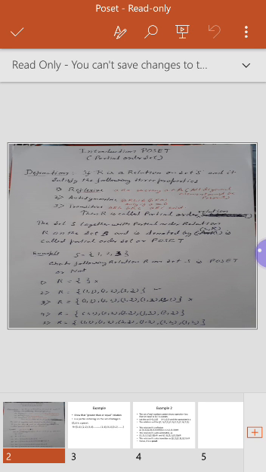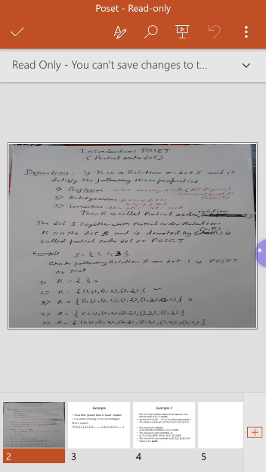For antisymmetric, we will check (1,3). If (3,1) is there, then it cannot be antisymmetric. So we check (3,1). Yes, (3,1) is there. It means it is not antisymmetric, hence it cannot be a poset.